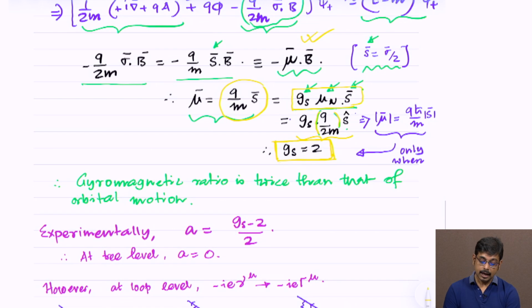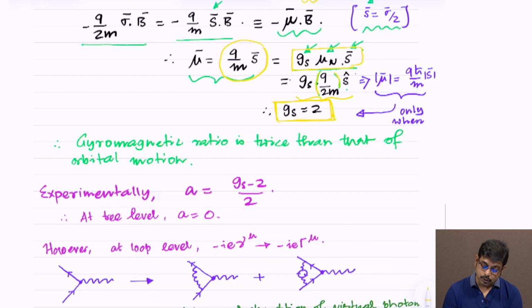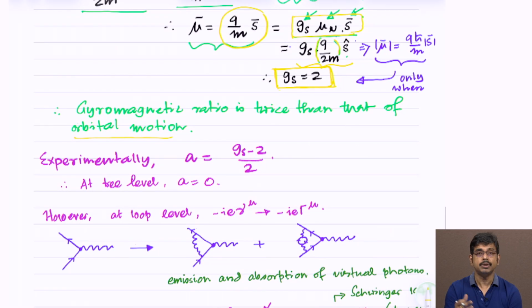This is the gyromagnetic ratio, and it is twice that of the orbital motion, because GL is equal to 1 for charged particles. So Gs is equal to 2, and this is an important consequence of the construction of QED, or the Dirac equation with the photon interaction.